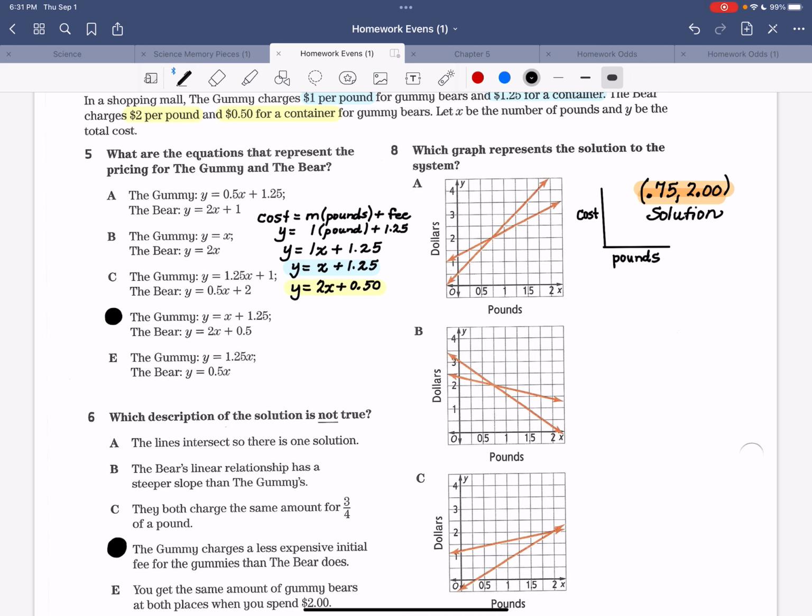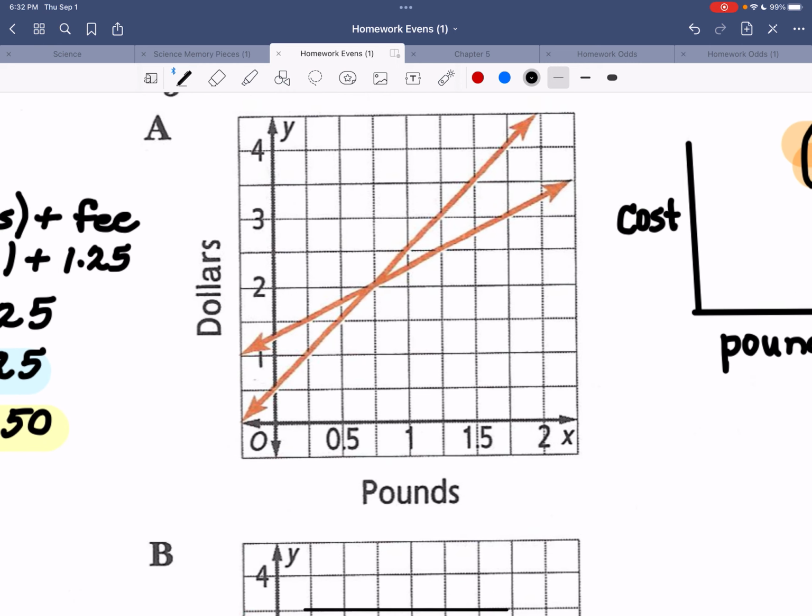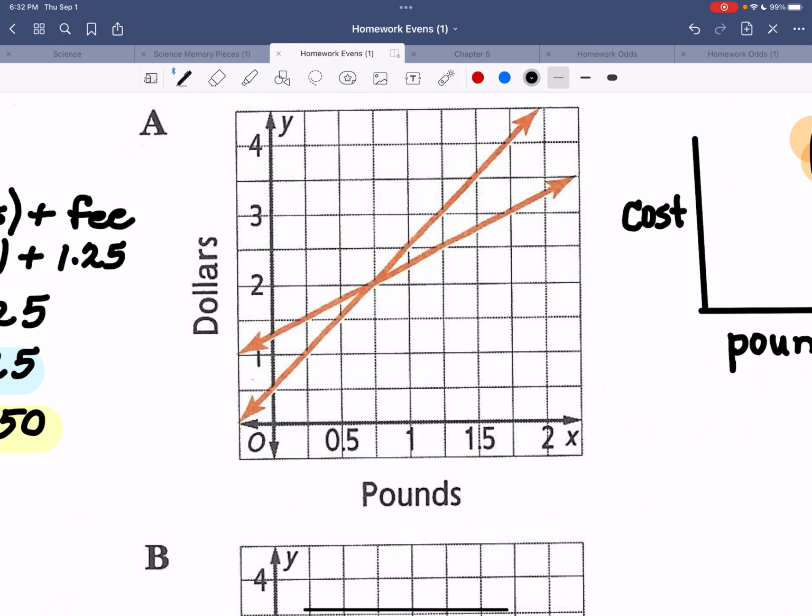0.75, this is 3/4 of a pound. 75 hundredths. That's the same as 3/4 a pound. Costs $2. Okay, here we go. Look at that. 3/4 of a pound, that would be right here. $2.